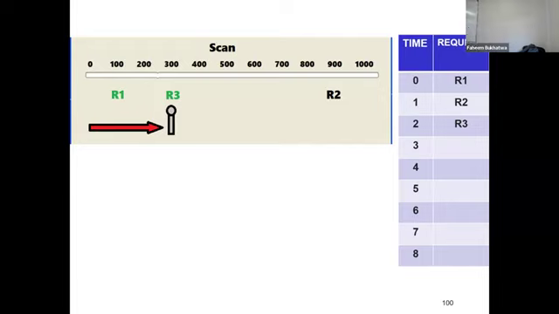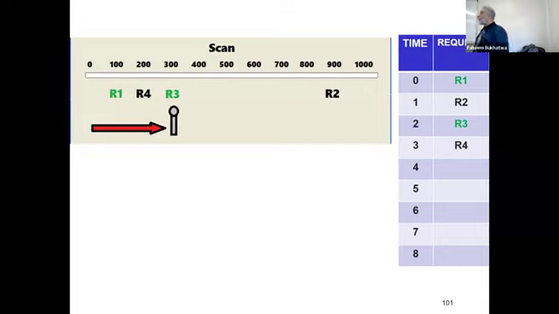So as you can see here, something to notice, it served request number 3 before request number 2, even though request number 2 arrived first. But it's okay, maybe it's not too bad. It will probably serve it next, right? Maybe, but while it's serving 3, another request came, number 4, just behind the head. Is this a lucky guy? It doesn't look like they're lucky. You have to wait until the head comes back.